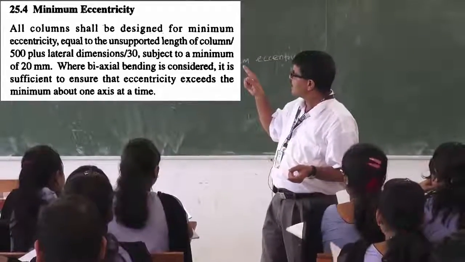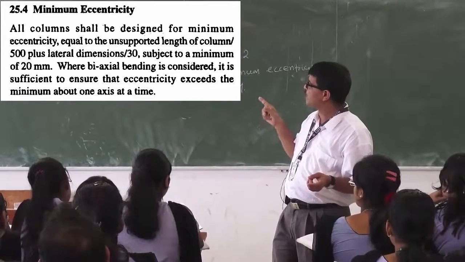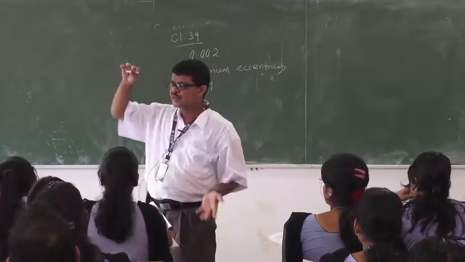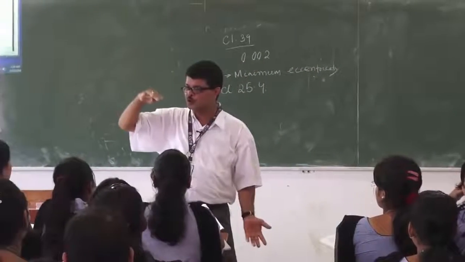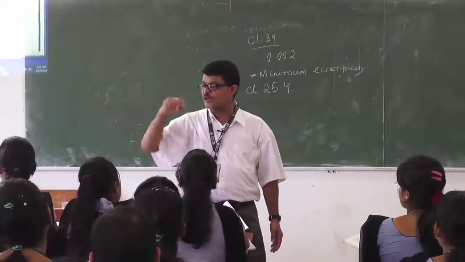So all columns shall be designed for minimum eccentricity equal to the unsupported length of column. Suppose you have a column, length means what? The height of the column supported between two floors. Between two floors, you can say from this beam to the ground floor there will be a column.